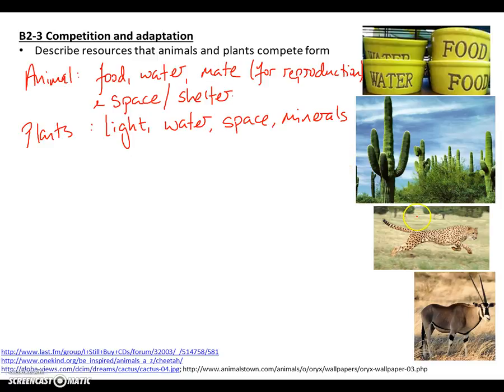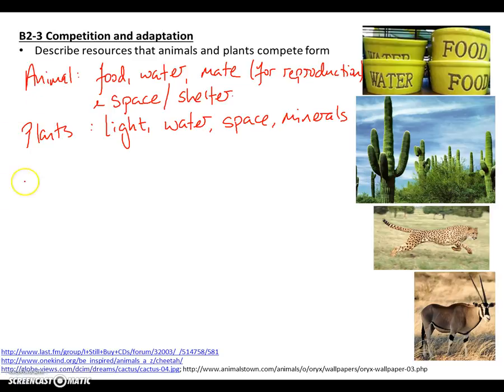Looking a little bit at the adaptations, well, basically an adaptation is something that has happened, or some way that the organism has evolved over time to allow them to compete well or to survive in a particular environment. So the example here we have is a cheetah. Cheetah is obviously a carnivore and it's going to be hunting other organisms, and it's very fast.